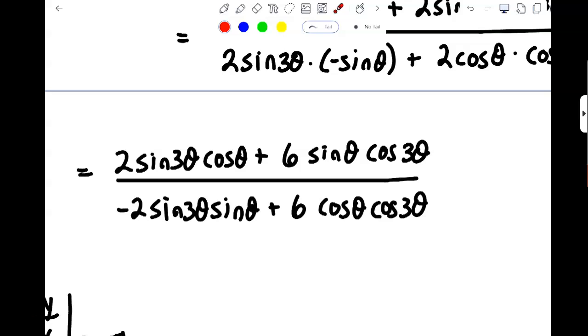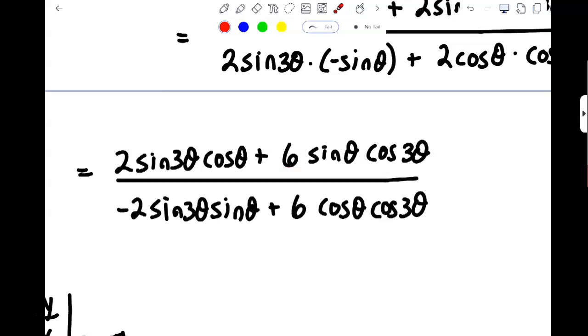Sine of 3 times pi over 6 is sine of pi over 2, which is 1. So we're going to have 2 times the sine of pi over 2, which is 1, times the cosine of pi over 6, which is square root of 3 over 2. So in the end, you just get square root of 3.